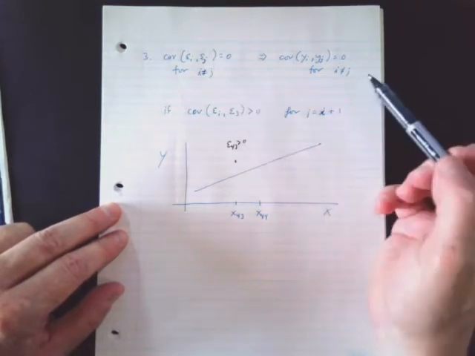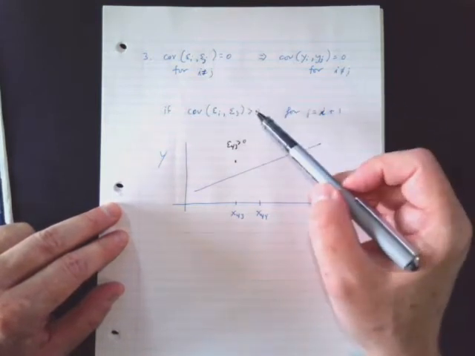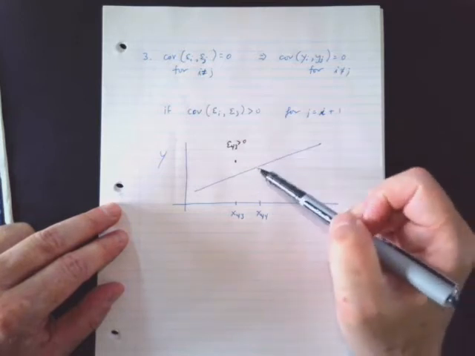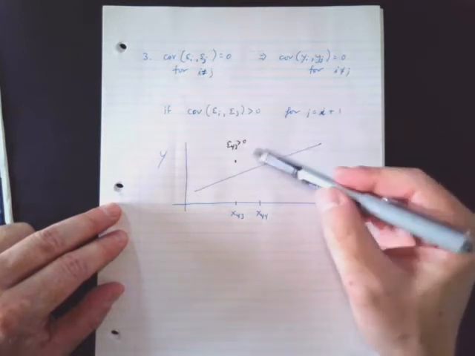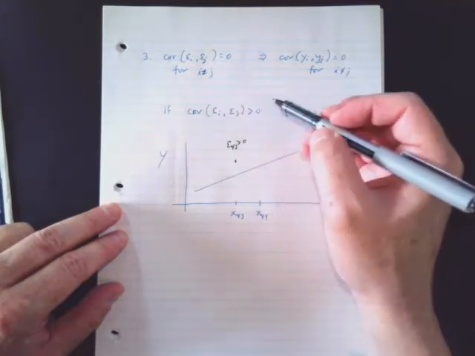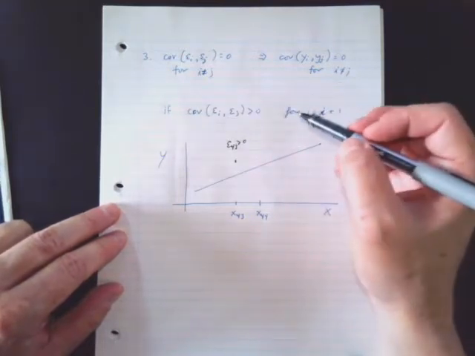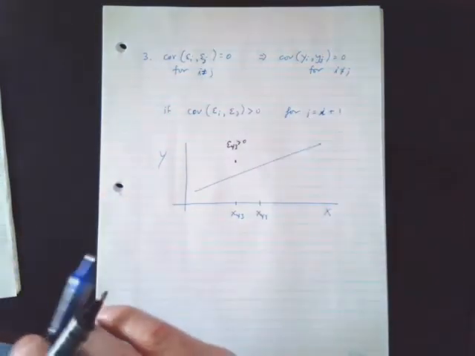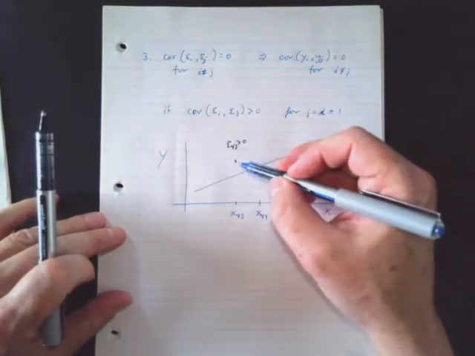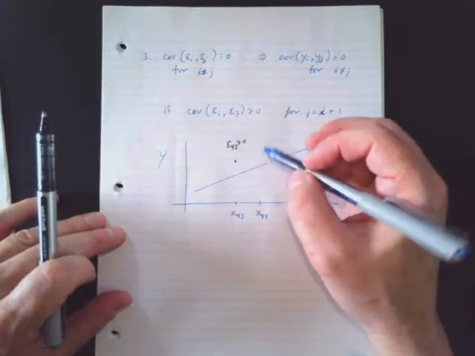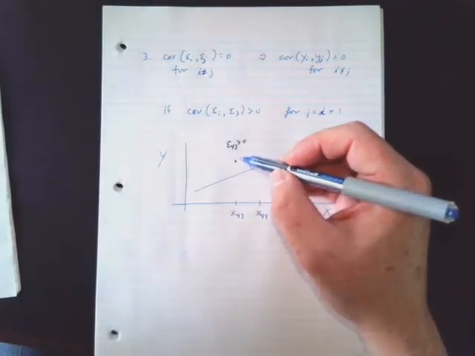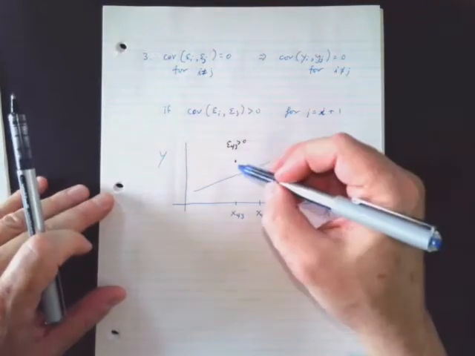Well, if these have a positive covariance, that means we now have a bit of information about the next error term along here. Since these are positively correlated, or they have positive covariance, then that means this error term is also likely to be greater than 0. So it's kind of like the assumption that they all have to have an expected value of 0.